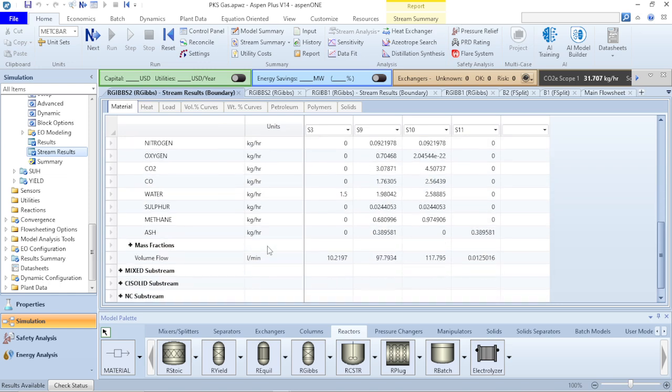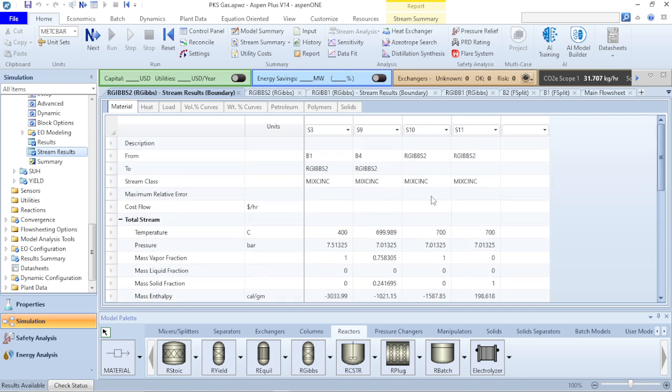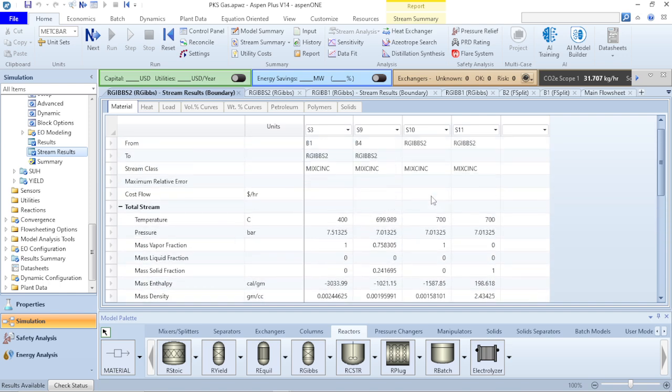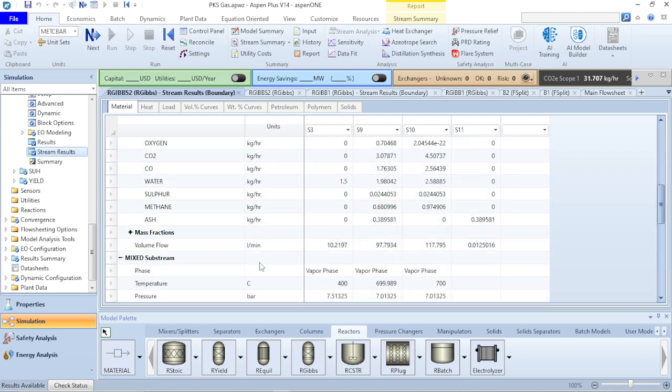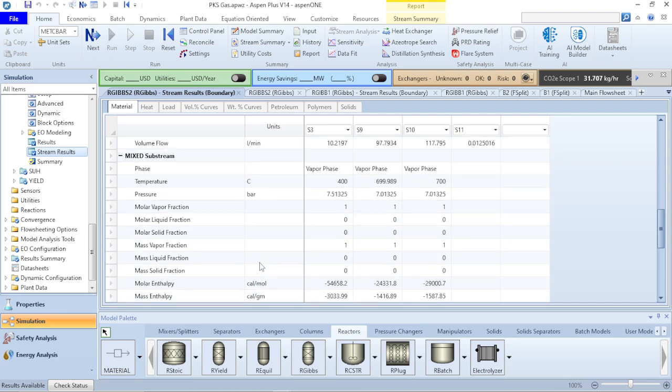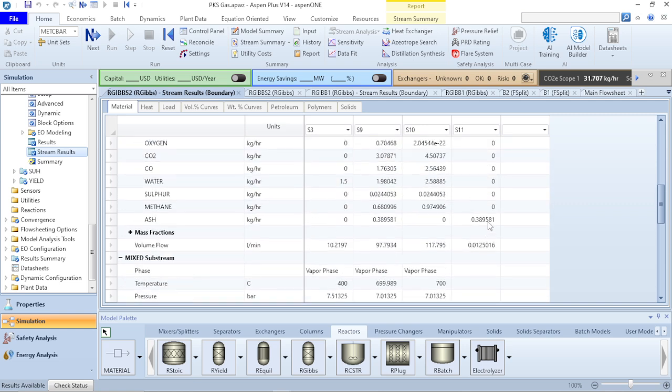With S11, you can see that the ash is being removed, and we have the other components. This is the gaseous component. Majority of them are in the gaseous form actually. Let's check on that mixer to see what we really have. This one's in vapor phase, while this one is solid, coming out.